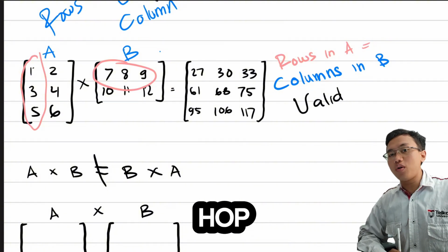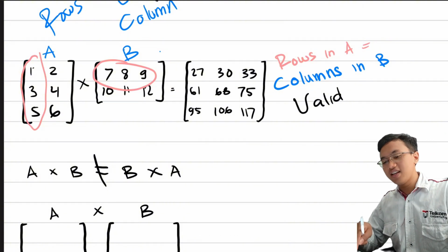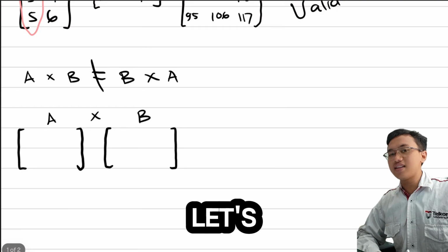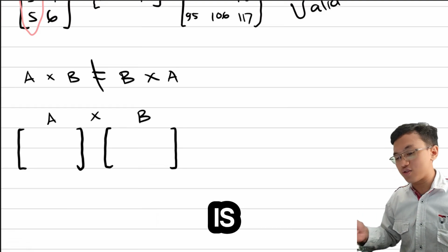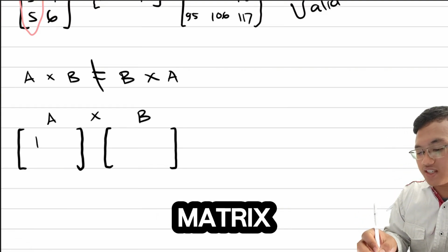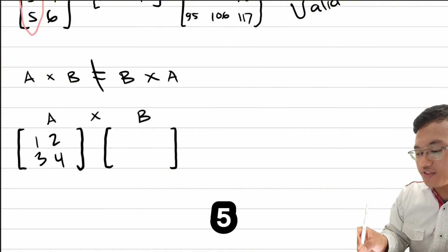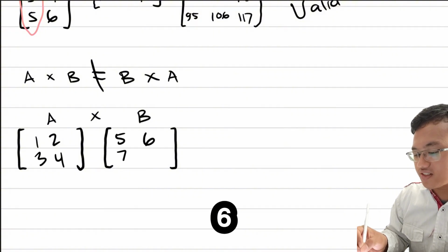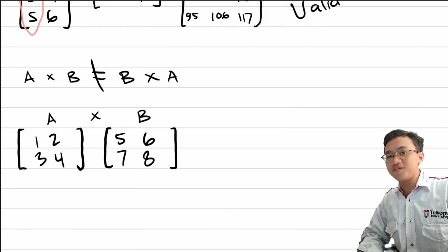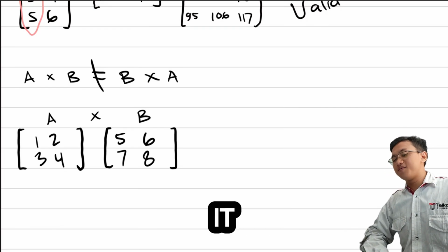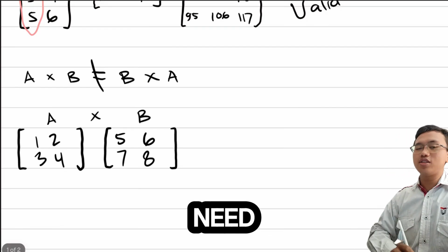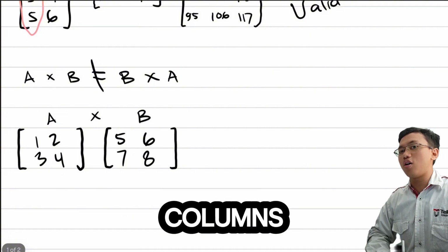Next, I will hop onto the example. Let's say we have 2 matrices: 1, 2, 3, 4 in matrix A, and 5, 6, 7, 8 in matrix B. To multiply them, we need to multiply the rows and the columns.